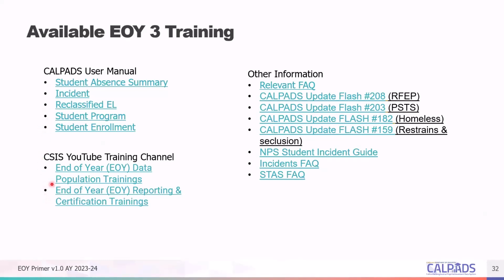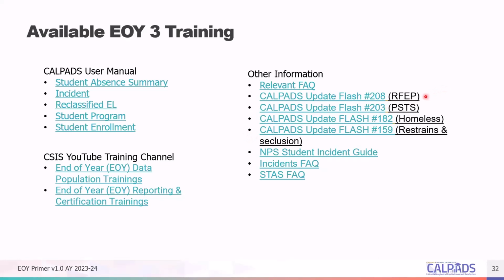The CSIS YouTube training channel has our end of year data population trainings. These are file specific in end of year. And then we have our end of year reporting and certification trainings, which are submission specific. So these will be end of year 1, end of year 2, end of year 3, and end of year 4. We have the relevant FAQs for end of year 3, and we've got relevant flash communications as well.